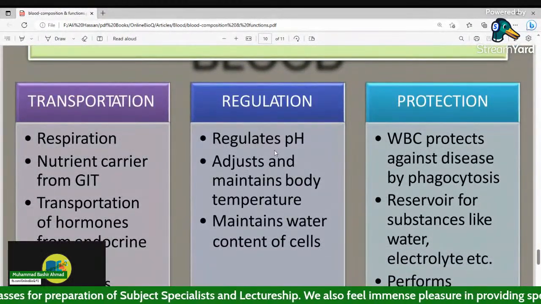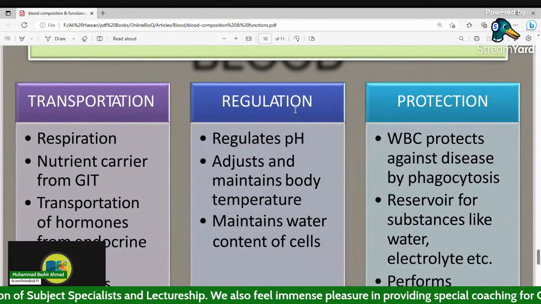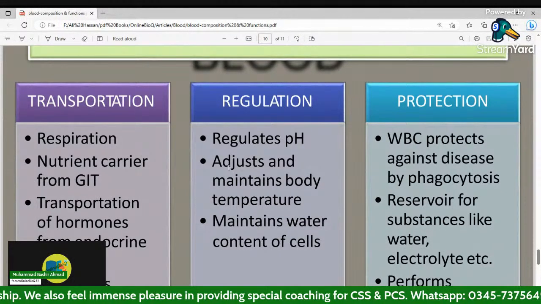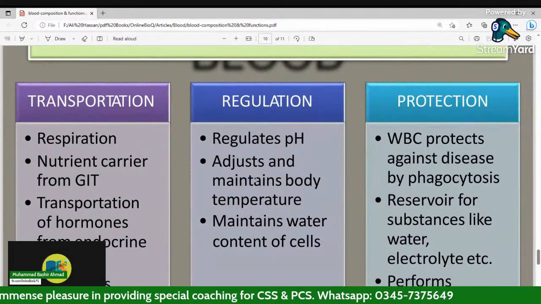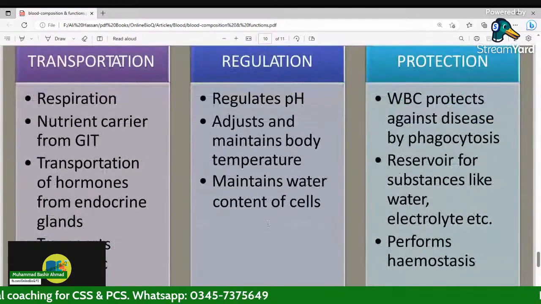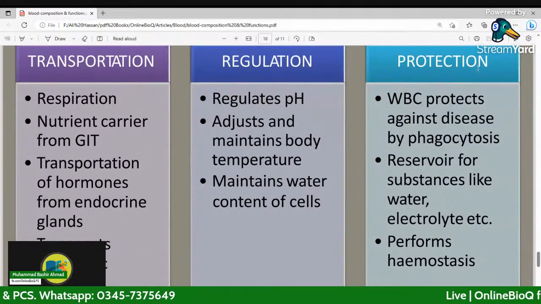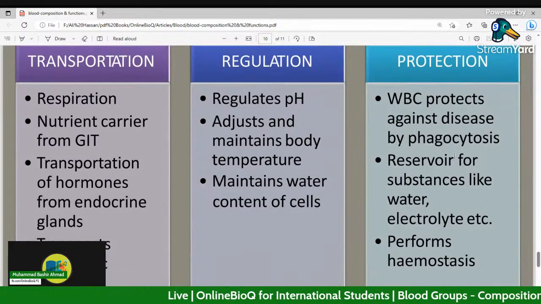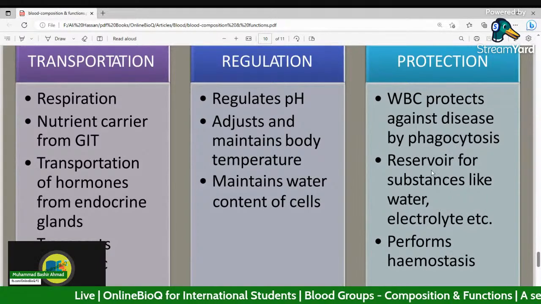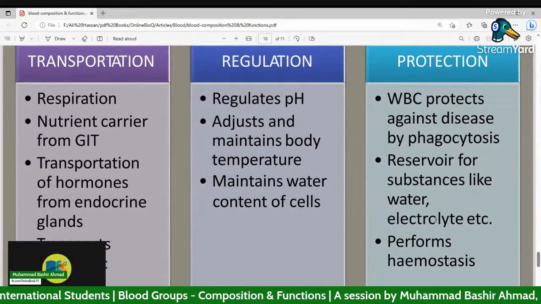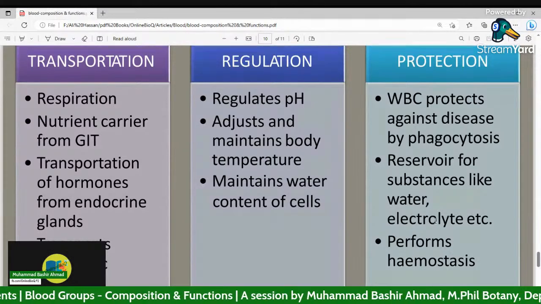These have roles in the regulation of different body functions, such as regulating pH. These adjust and maintain body temperature, maintain water content of cells, and these also have roles in protection. For example, white blood cells protect against disease by phagocytosis. These are a reservoir for substances like water and electrolytes, and these perform hemostasis.